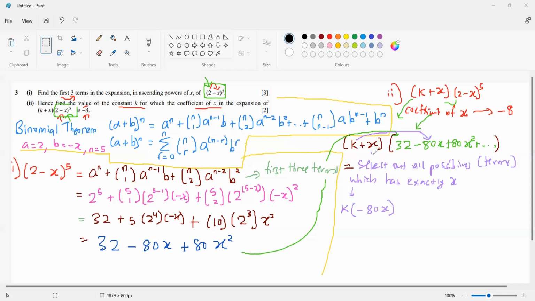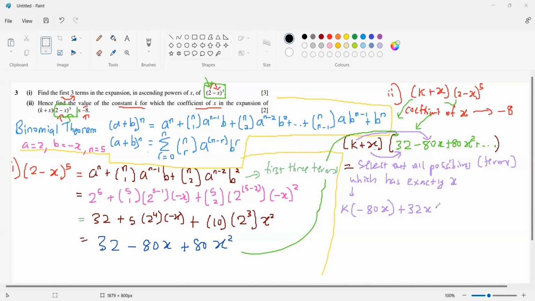From the x, similarly, the only way to get a term is to multiply by 32, giving 32x. Because if the x from the first bracket is multiplied with x in the second bracket, like -80x, it becomes an x squared. If it multiplies with the x squared term, 80x squared, it has an x cubed term, and so on. So the powers of x are always greater.